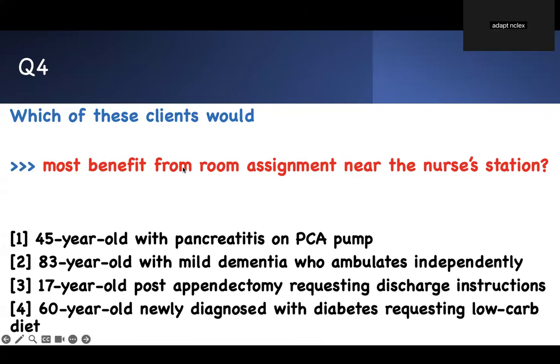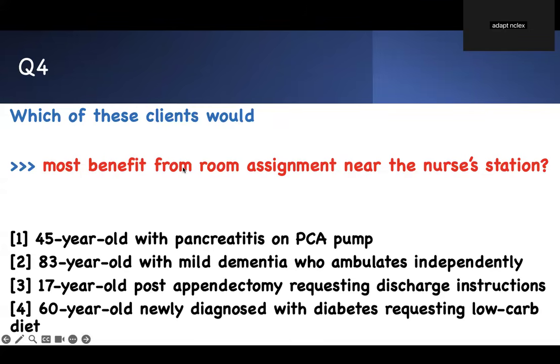But you can walk with PCA. You've seen the patient before. There's nothing in the question that makes this patient high risk of fall, right? 83-year-old, gives the question away. Then he has dementia, right? But they try to trap you. Patient can ambulate independently. That is still not enough. It's an older patient, yes, dementia. Can start doing things you don't know, may trip on things.